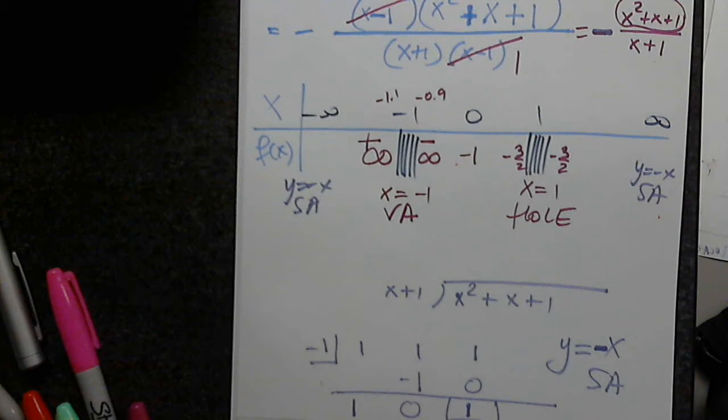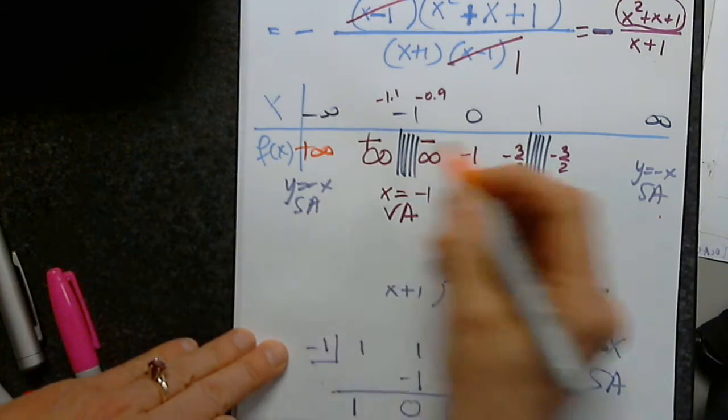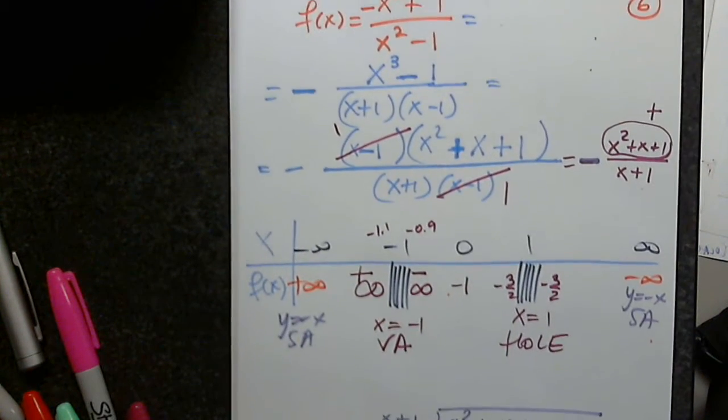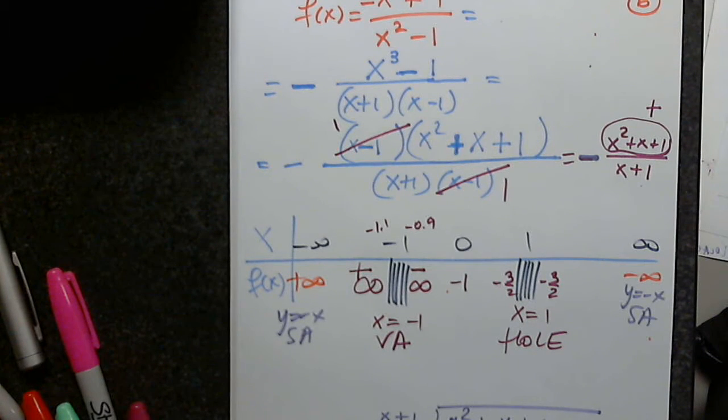Since the slant asymptote now, does it look like this? Or does it look like this? Like this, which means the end behavior is positive infinity or negative infinity. I'm trying to make sense of the information. I'm not sure till I look at it and slowly try to understand it.